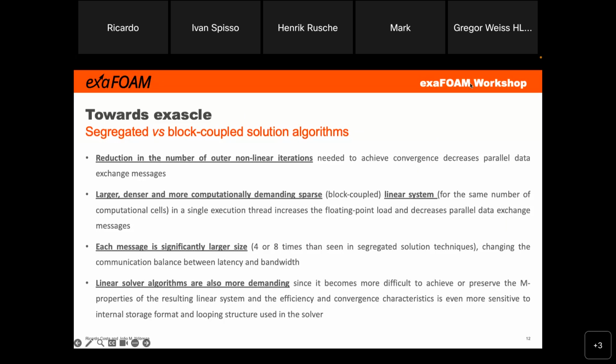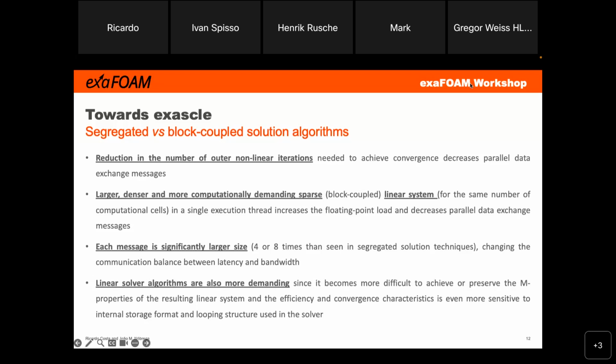On the other side, I increase the workload of each processor, because each one of them has a larger system of equations to solve, and therefore I have more floating point operations in relation to the number of messages I need to exchange between processors. On the other side, inevitably these messages are bigger because I have more data to exchange, which can be a challenge concerning the communication balance, latency, and bandwidth.